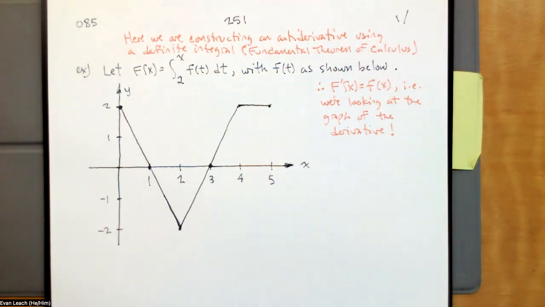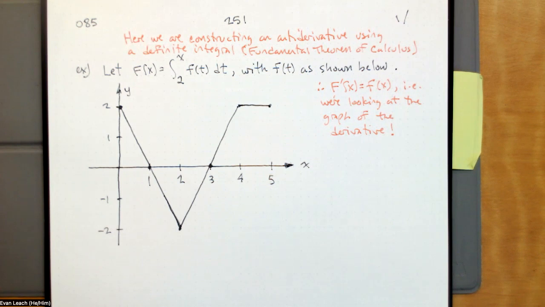So these are the things that we want to notice about the setup in this problem. Capital F is the definite integral from 2 to x of f of t dt. That should make you think this looks like we're setting up with the fundamental theorem of calculus.